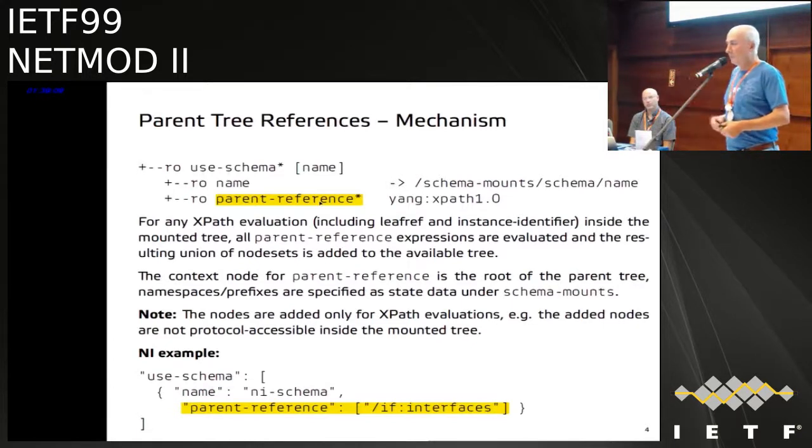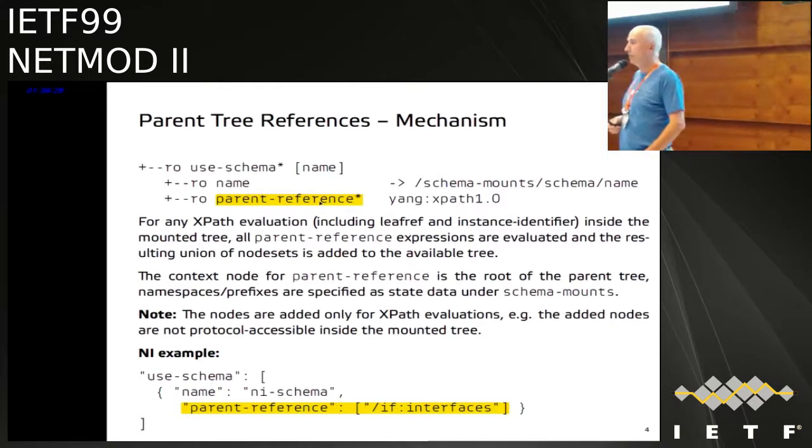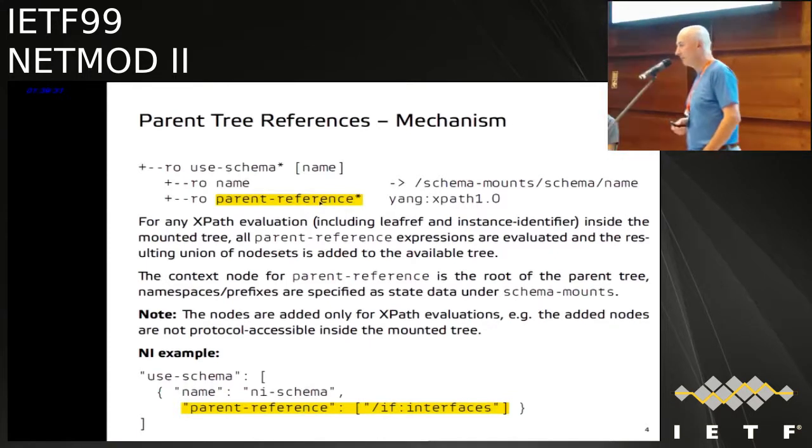There are some technical points, of course, about XPath evaluation. Currently, the context node for this parent reference is the root of the parent tree. One thing that's somewhat annoying is that we have to specify the namespace declaration that XPath requires.